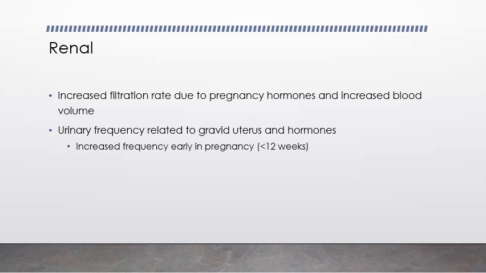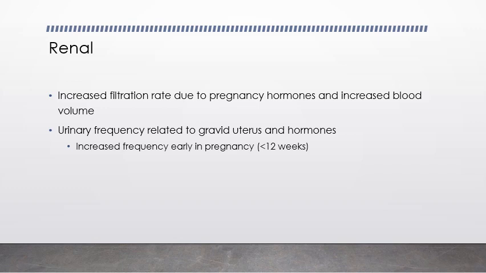The renal system changes too with an increased filtration rate due to pregnancy hormones and that increased blood volume that we talked about a few slides ago. Also, there's urinary frequency related to that pregnant uterus and hormones.